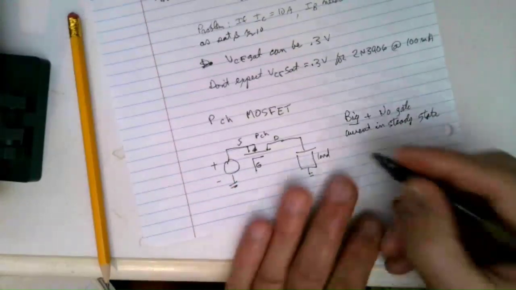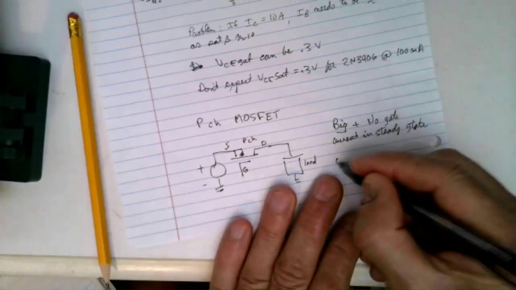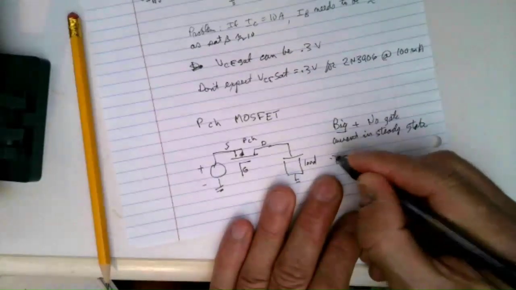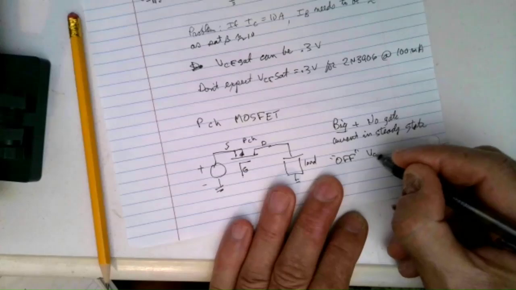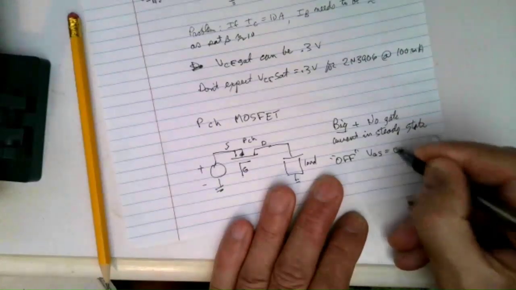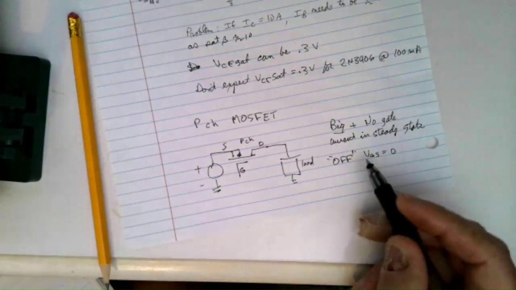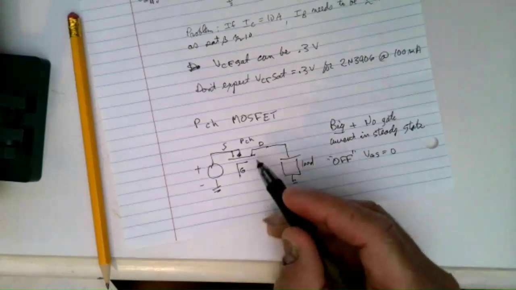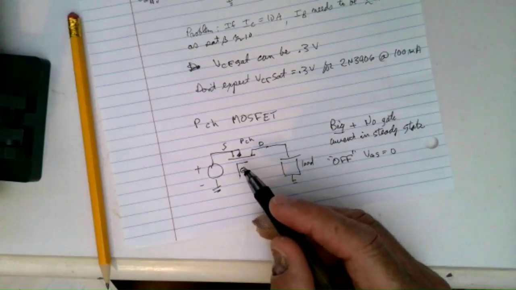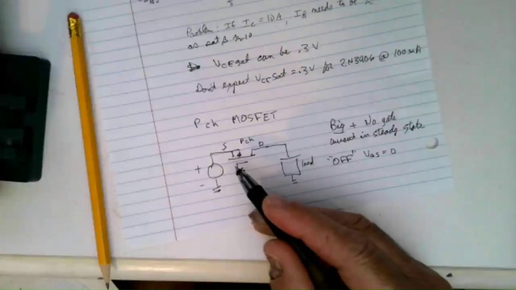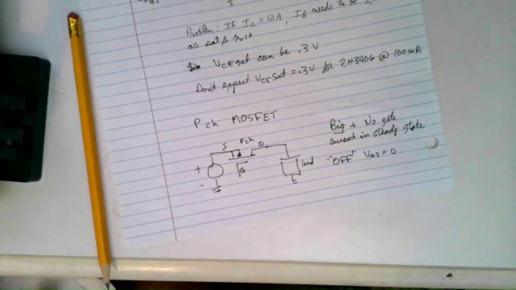And how do we make these guys off? VGS equals 0 will work. You don't have to have VGS equals 0. You can have VGS equal to something else, and this gets a little bit tricky.